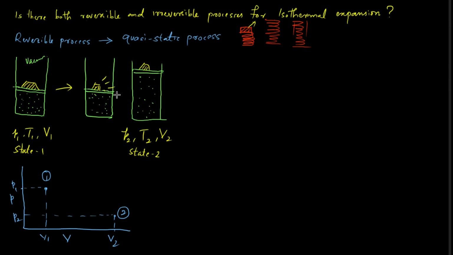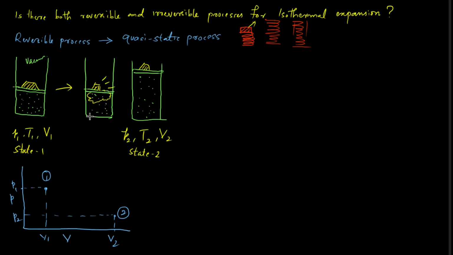Pressure also. When we suddenly remove half of the weight here, the gas particles at this region will suddenly come to know about that. So the pressure will suddenly reduce at this region.